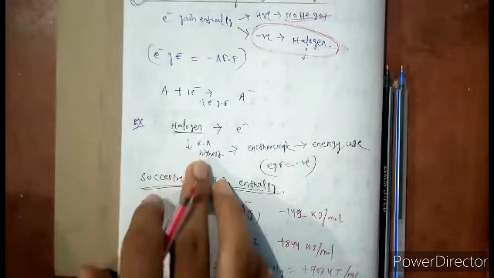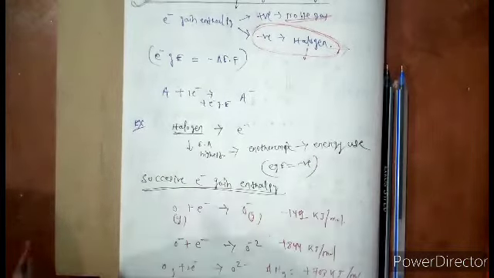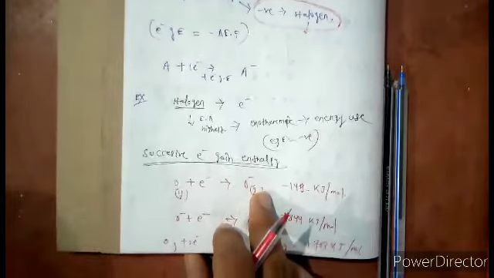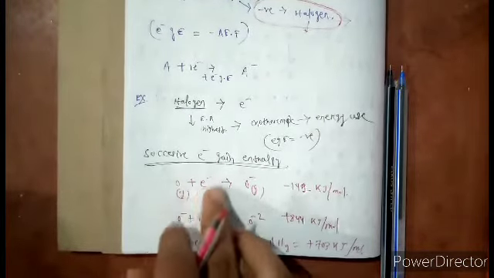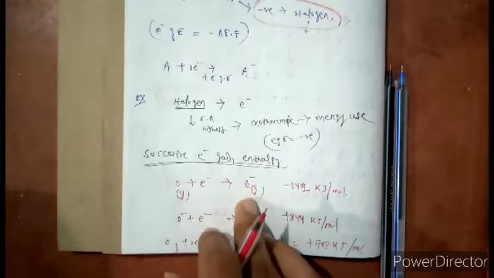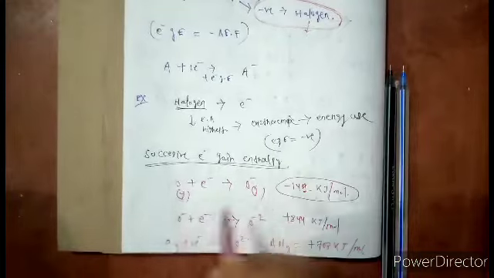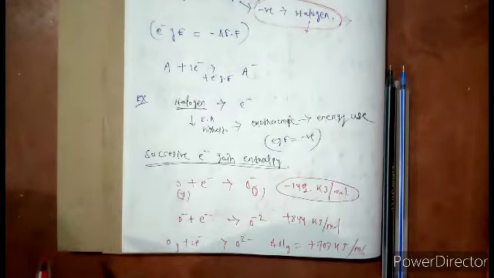Halogens have the highest electron affinity, so they are exothermic. Then successive electron gain enthalpy: oxygen gains an electron to become O minus, and releases energy, minus 141 kilojoule per mole.